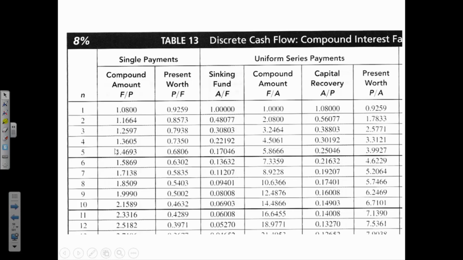Or if we compound it 5 years, the future amount is, I've got the cursor right on top of it, for 5 years at 8% annual interest, 1.4693 times as large as the present value. So if we know the present value, we just multiply this factor by the actual numeric amount for P, and that gives us F.